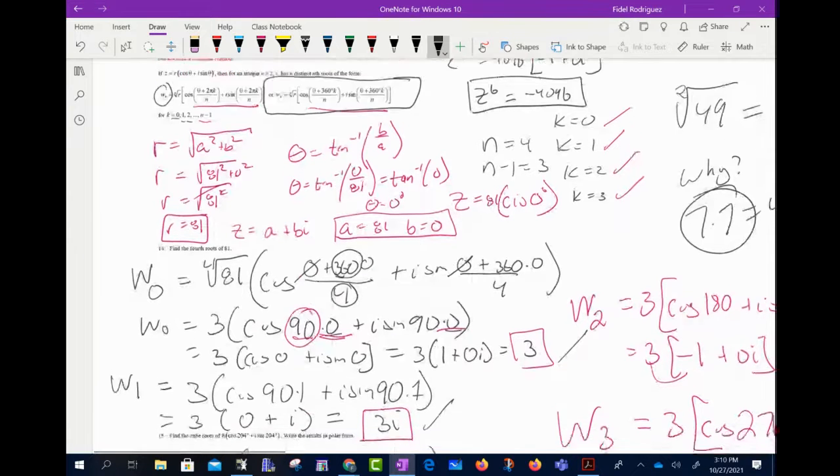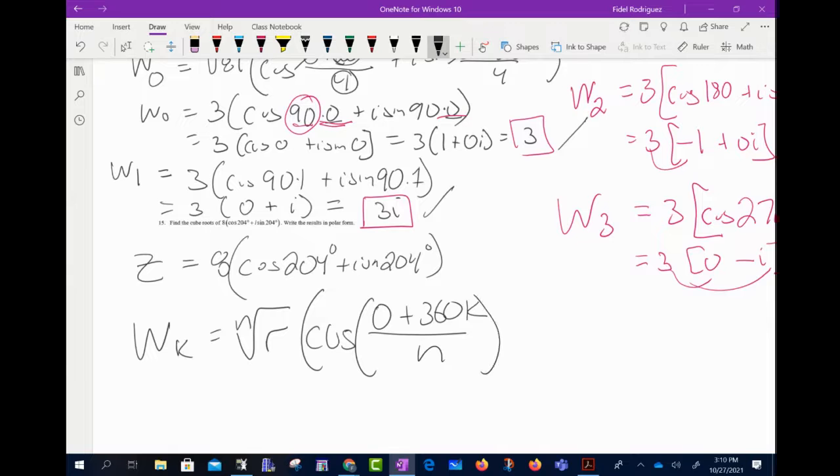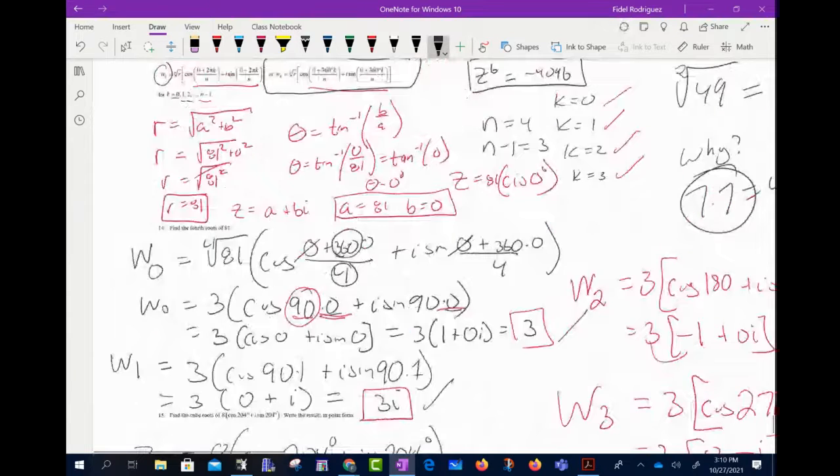W_k equals the nth root of r. Let me just make sure I got everything there.